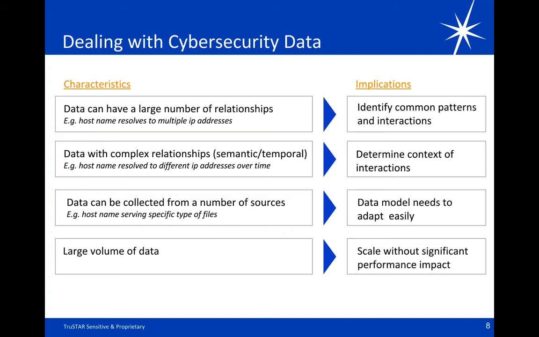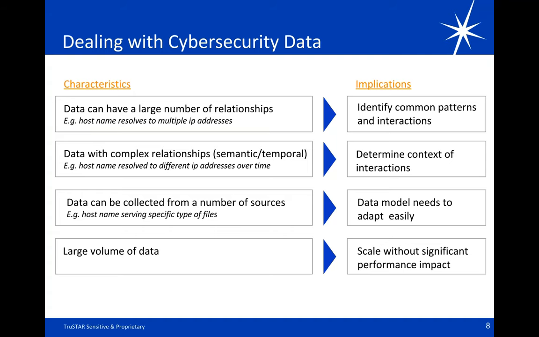So building on the previous example, think about a hostname that resolved to different IP addresses, but at different points in time. So what the complex relationship means is that we need to be able to determine the context of these interactions at a specific point in time. And that is extremely relevant to cybersecurity operators.